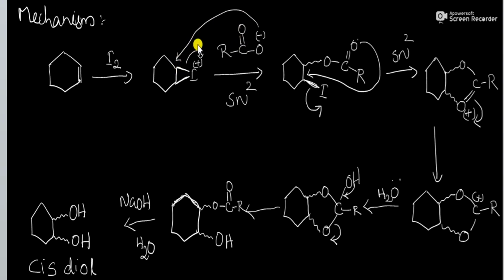And this bond will shift to iodine and we get a structure like this. Another step is intramolecular SN2 reaction. This lone pair of electrons attacks on this carbon and iodine getting eliminated as I minus. That is also an SN2 attack. So it will attack through sterically free phase, that is through lower phase. So we get a product like this.